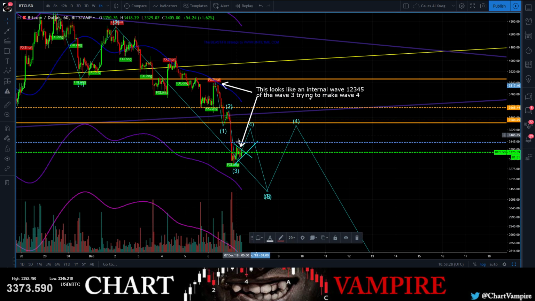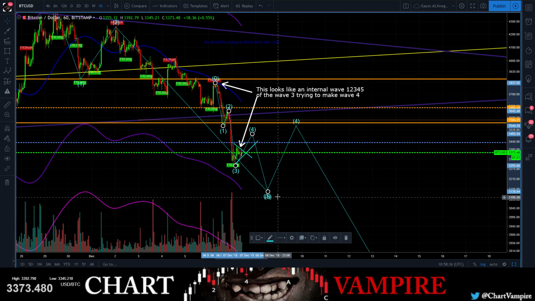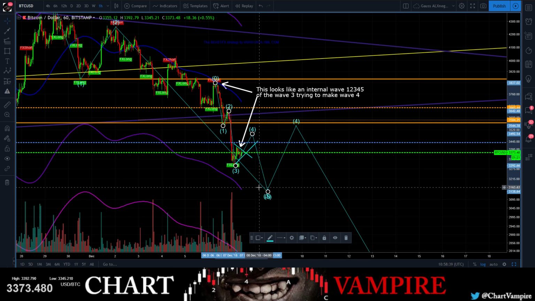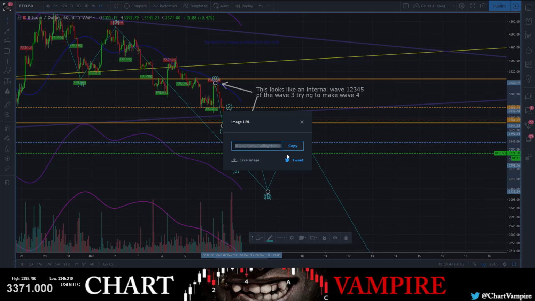So it's trying to make the wave 4 in here, and then it could just pen it up like this, rising wedge up, and then it would just drop right down. And then this would be wave 5 of wave 3, still looking for wave 5 here down. This is why 2,700 is a possible target here, right?